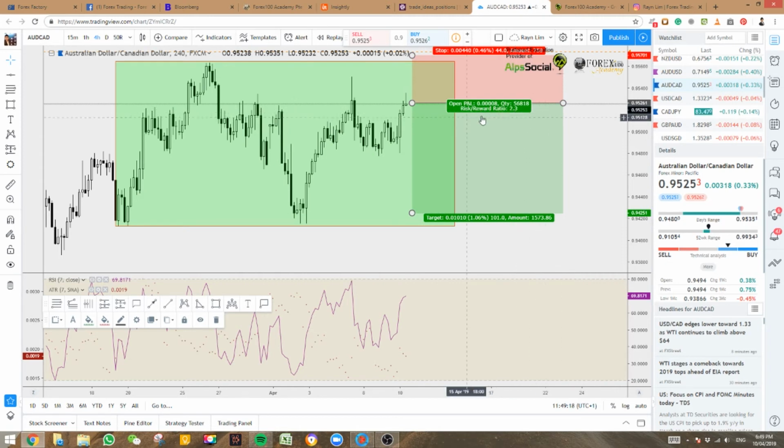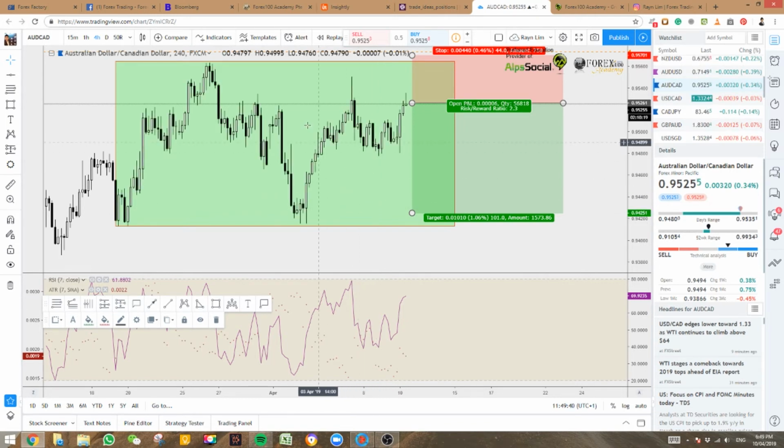So there's no need for you to use math. If you choose to exit half position here, half position here, your overall portfolio should be about 1.5, 1.6 thereabout. So your choice, or you can choose to have a single target.